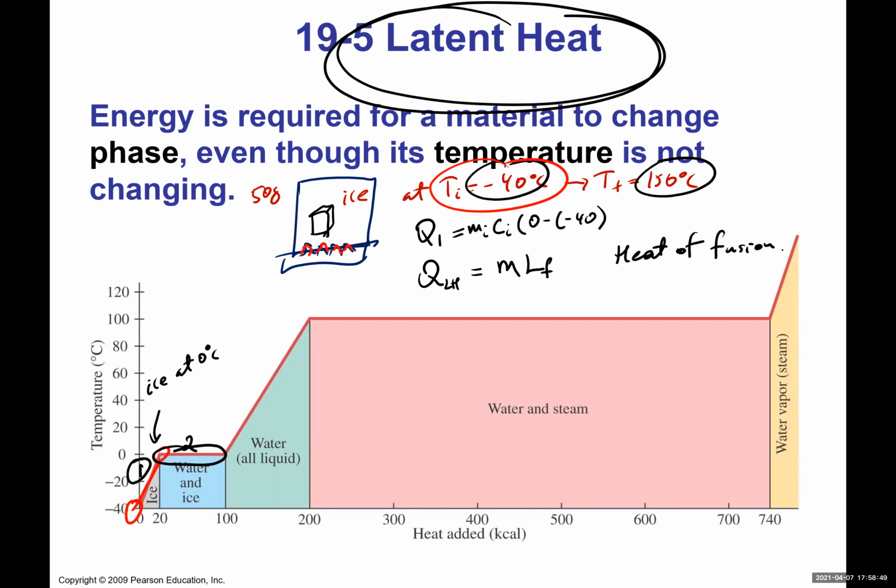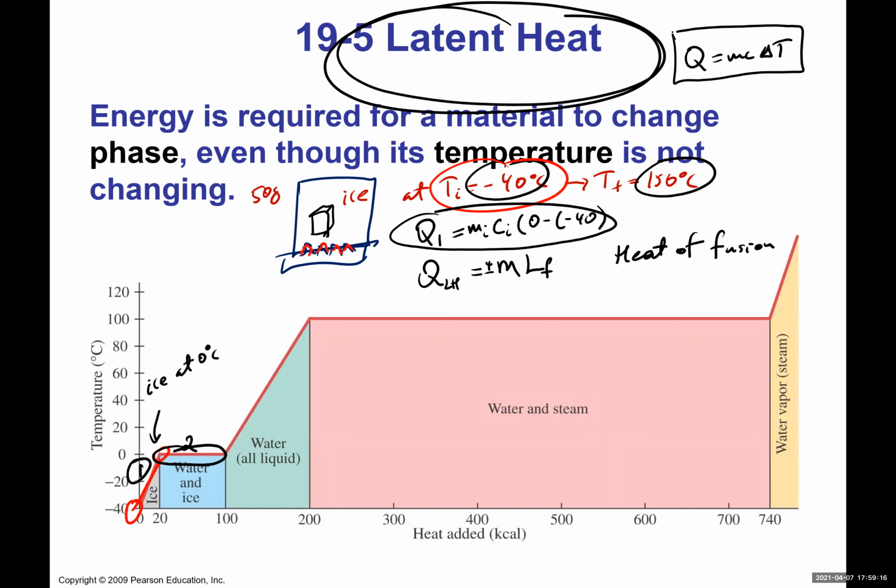Okay, and it comes with plus or minus, because the energy that comes from this equation doesn't have a built-in plus or minus. For example, for this energy, Q equals mc delta T. Delta T has a built-in plus or minus inside. If temperature increases, delta T is positive, so Q is positive.